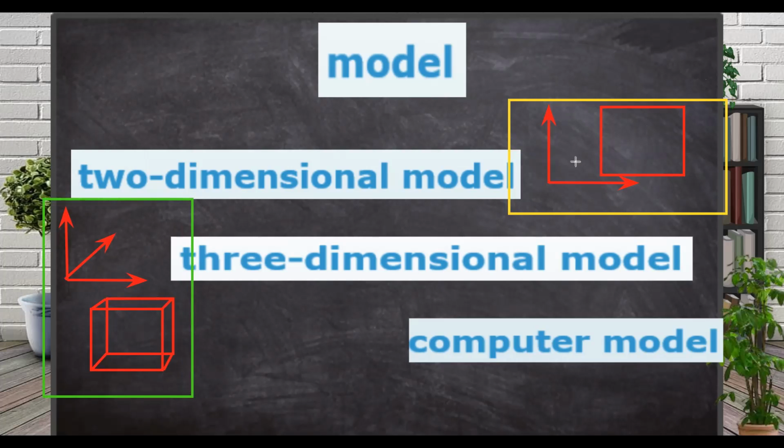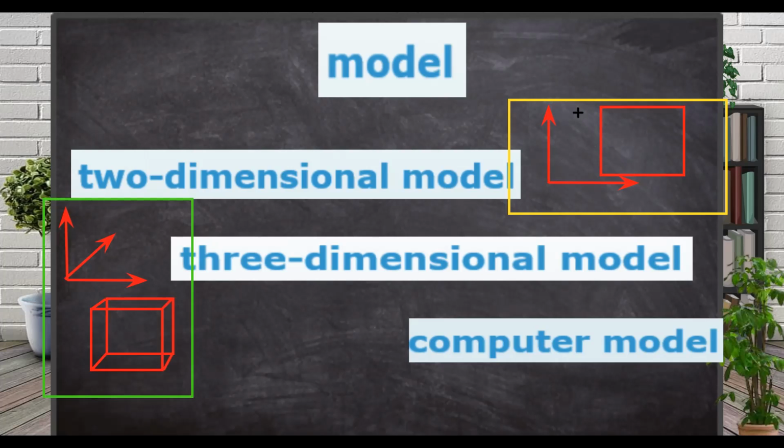Why do I call it 2-dimensional and 3-dimensional? It depends on what you are going to measure. Are you going to measure two things? The height and length. So it's a 2-dimensional model. And it is all the time flat.